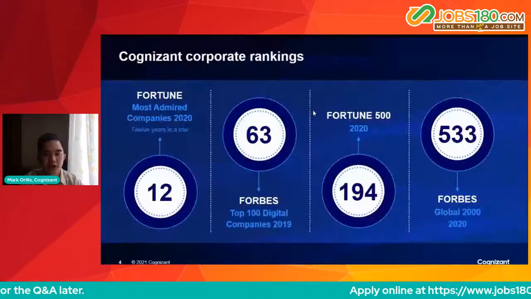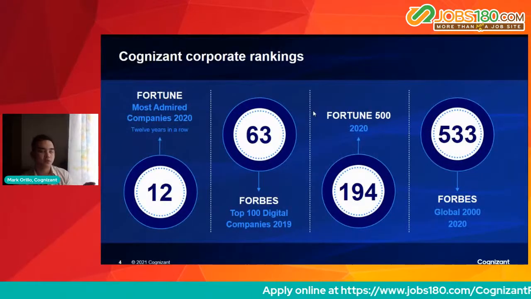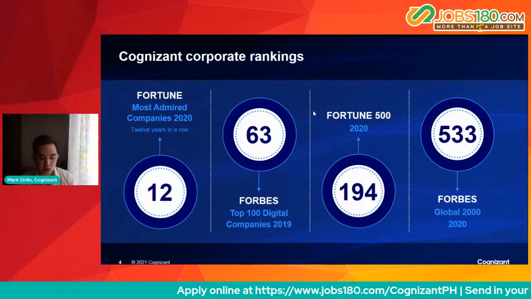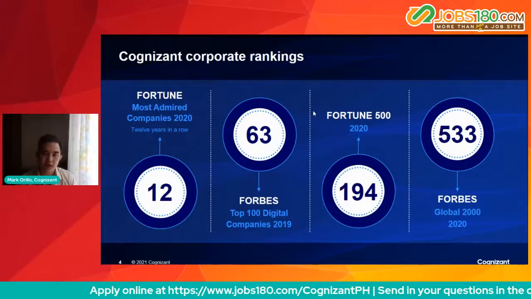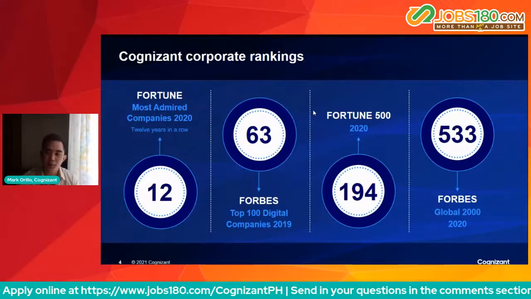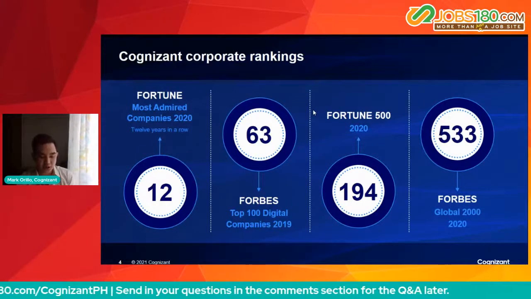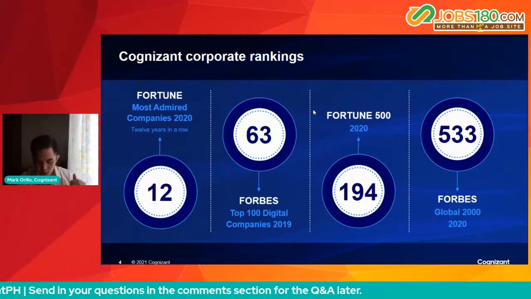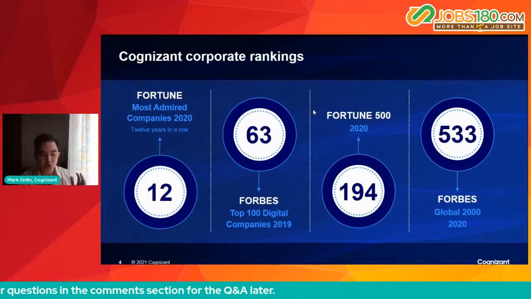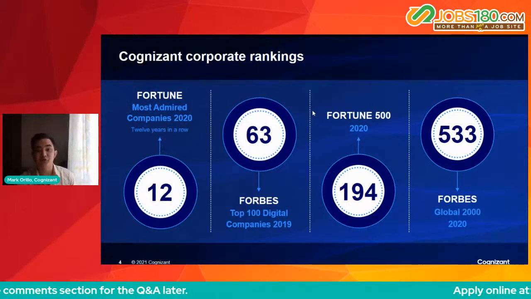Okay, so if you are not familiar with the Fortune 500, it is an annual list published and compiled by Fortune magazine. They rank the largest US corporations in terms of revenue.